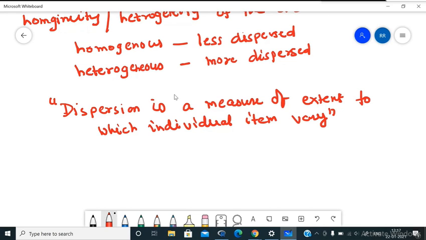Okay, and this definition is given by L.R. Connor.